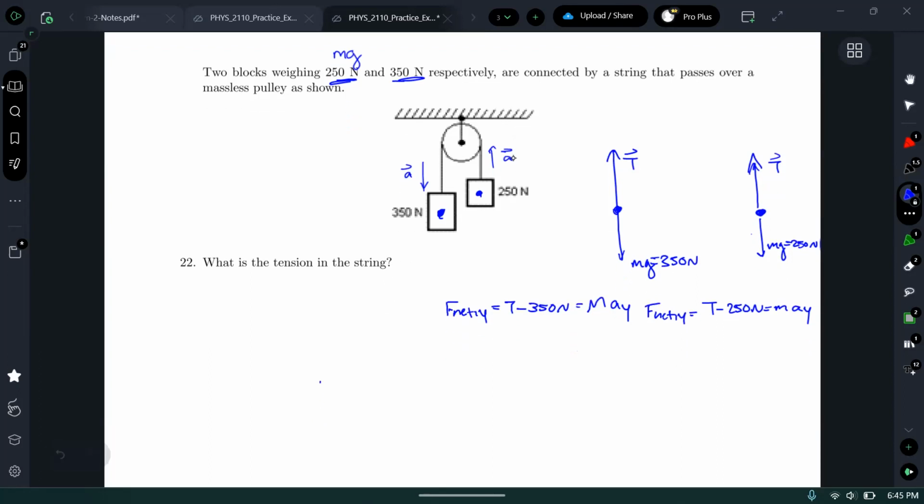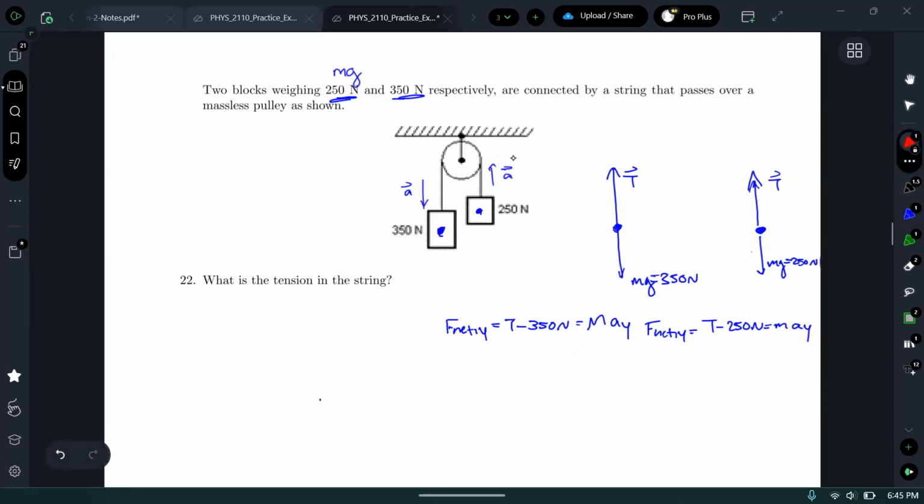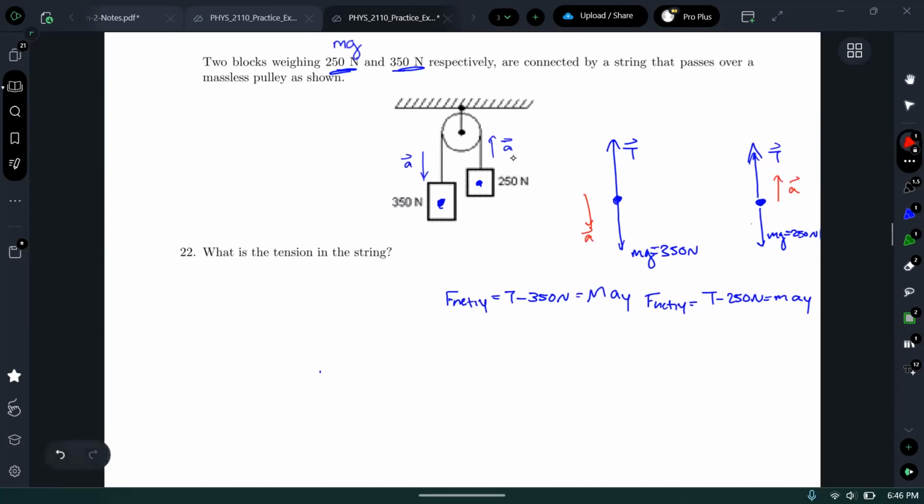So the only difference here is a lot like we've seen with the centripetal force stuff. I'll just label explicitly somewhere beside my free body diagram these accelerations.